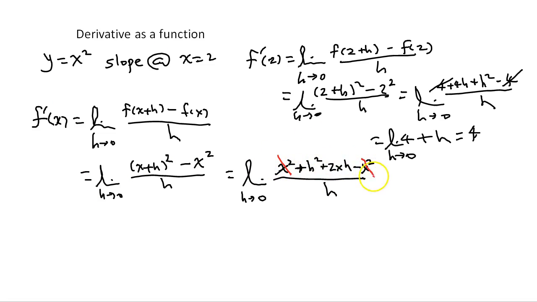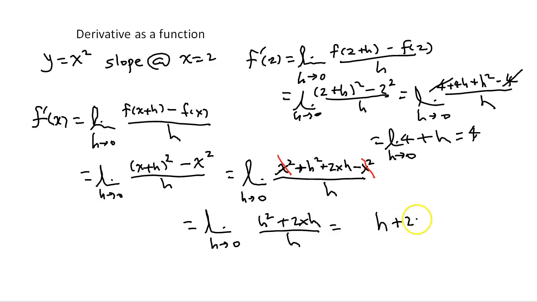Then you get h squared plus 2xh after canceling. h squared divided by h is just h, whereas 2xh divided by h is 2x. So when you send h to 0, you end up with 2x.